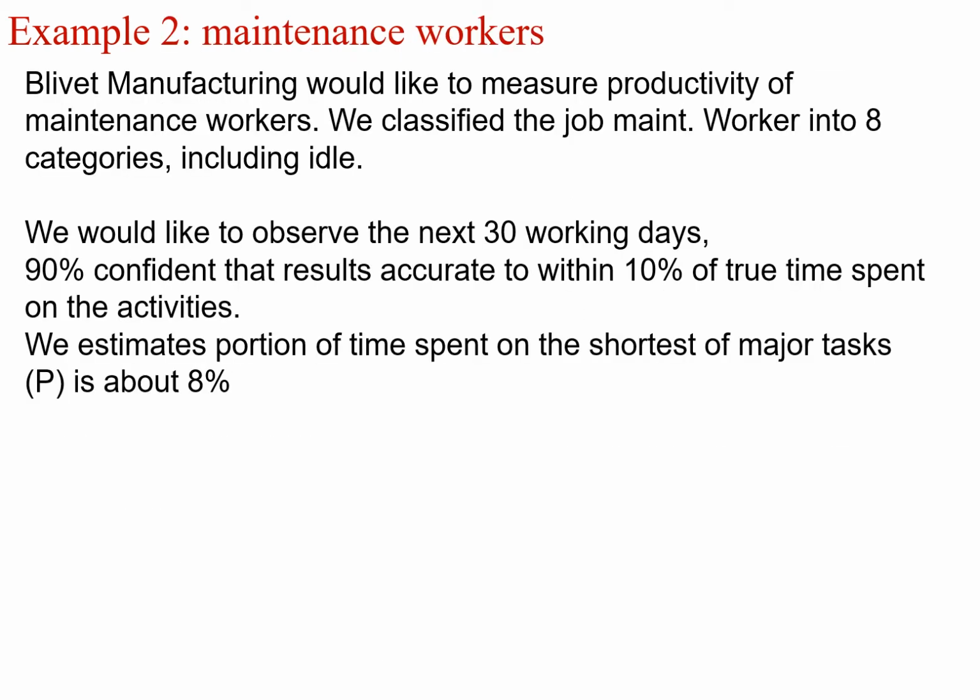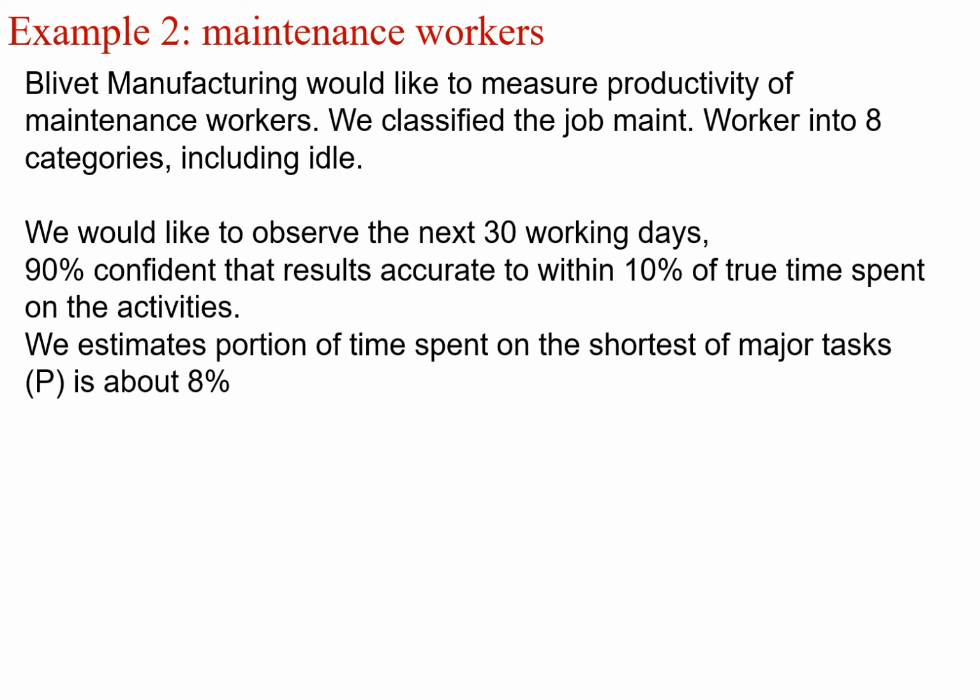Another example: a company would like to see how productive their maintenance workers are. Based on preliminary observations and interviews, there are 8 categories of activities our maintenance technicians perform, including being idle. We would like to observe for the next 30 days with 90% confidence that the results are accurate to within 10% of the true time spent on their activities.